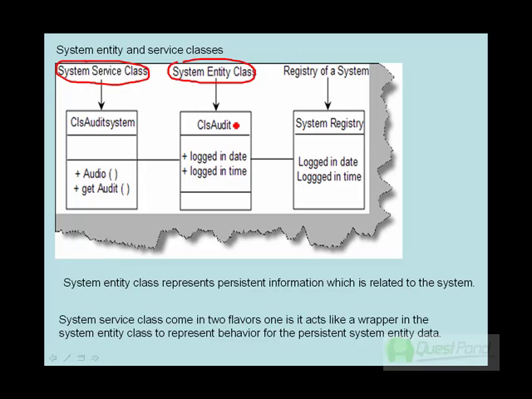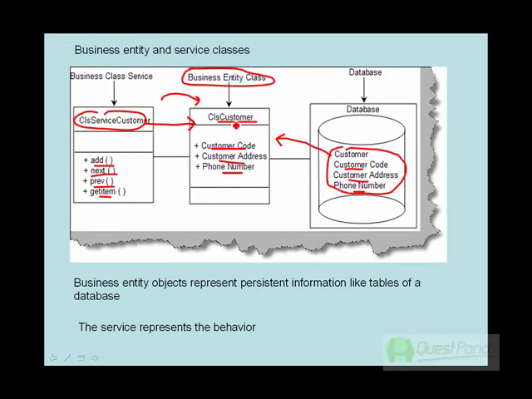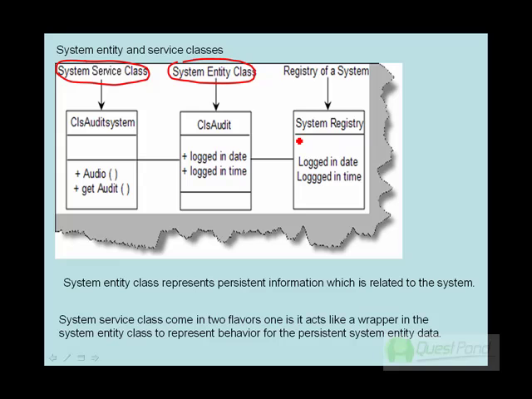The difference between system and business is that business classes represent the user's point of view of information. For example, if you look at the previous slide, customer is a user-defined vocabulary, related to the user's perspective, while audit is more of a technical perspective. So any kind of technical encapsulation, technical understanding or technical classes are represented using system entity and system service classes.